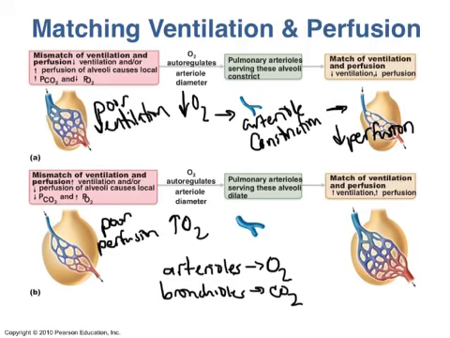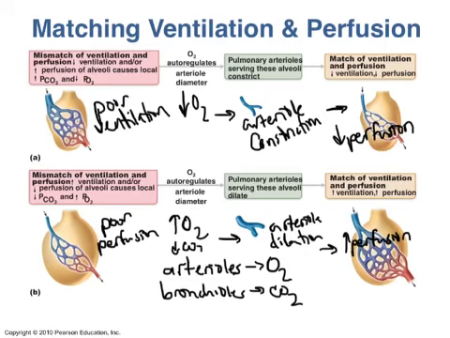And so that increased oxygen leads to arterial dilation and you get increased perfusion. Or if that can't happen, you also get decreased CO2 leading to bronchial constriction.